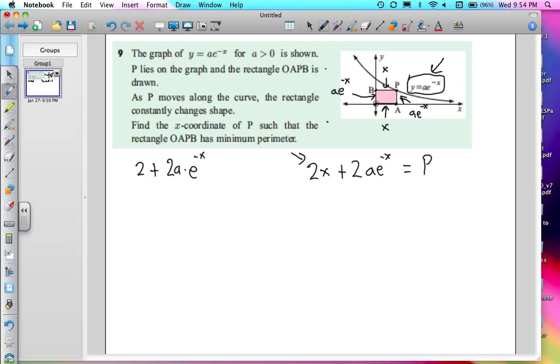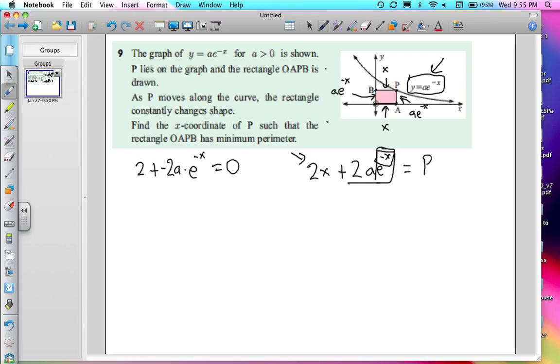Now the derivative of this is just going to be whatever this derivative is, times 2a. So the derivative of this is e to the negative x times the derivative of the upper function, which was negative 1. So it actually makes this just become negative. Okay, and we set that equal to 0.